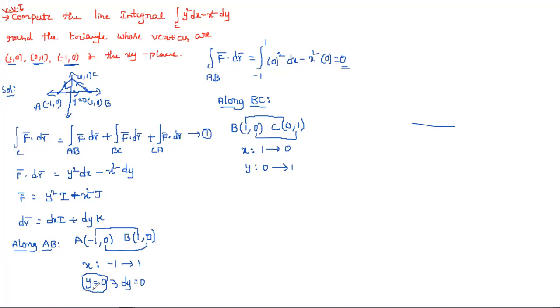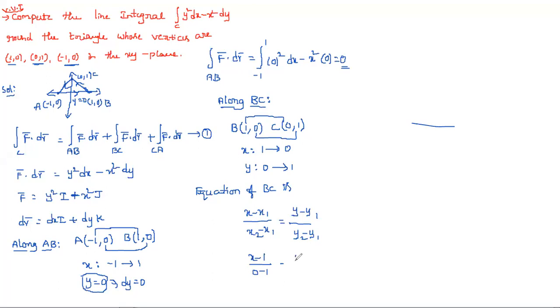For this you need to find the equation of BC. The formula we are using is (x minus x1) by (x2 minus x1) is equal to (y minus y1) by (y2 minus y1). Now you can substitute the values. X minus x1 is x minus 1, and x2 minus x1 is 0 minus 1.